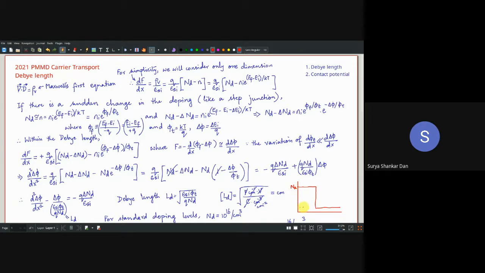Okay, and here it is Nd. This is the function of X. Okay, then what we would ideally want is a step junction like this. What in reality happens is there will be Nd, and then there will be slight smearing out like this, and it will be like that.